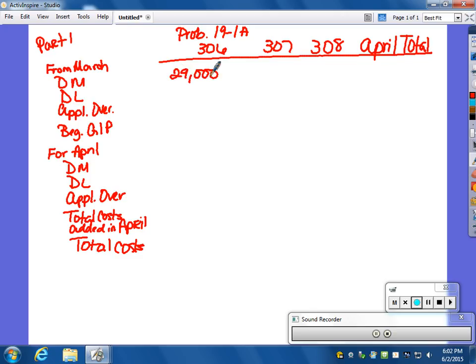Direct labor, 20,000. Applied overhead, 10,000. And so that means beginning goods in process was 59,000.